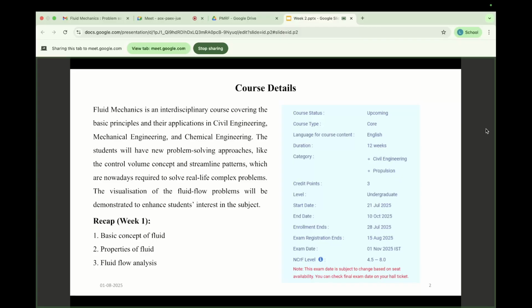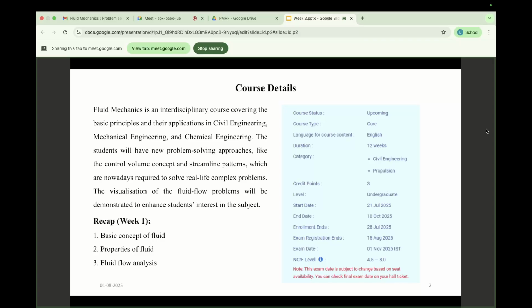As you know, this is an interdisciplinary course where civil, mechanical, and chemical students have to study this subject because it plays a vital role in many problem solving approaches, like in industrial applications or even real life problems. Whatever you are seeing is based on fluid flow problems, so it is quite essential.